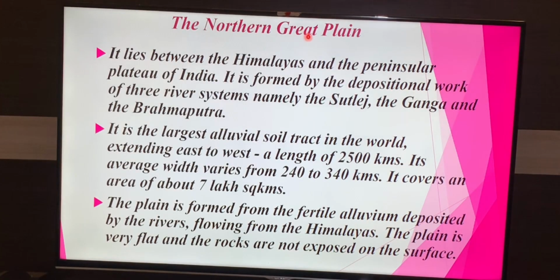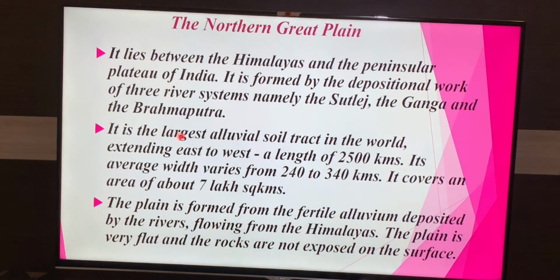The Northern Great Plain lies between the Himalayas and the Peninsula Plateau of India. It is formed by the depositional work of three river systems, namely the Satluj, the Ganga and Brahmaputra.